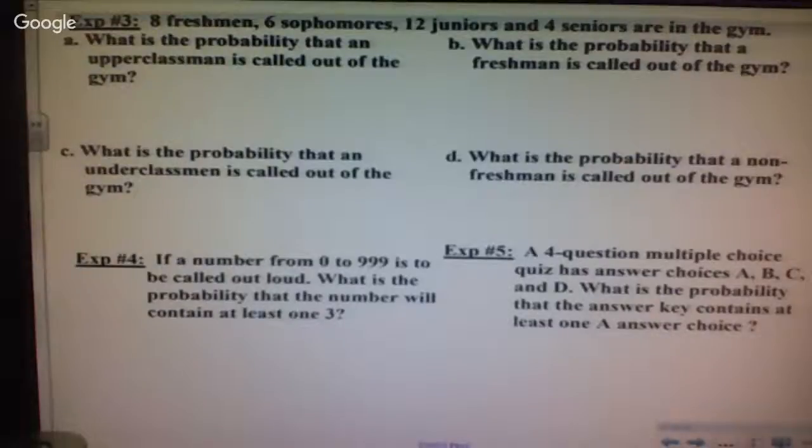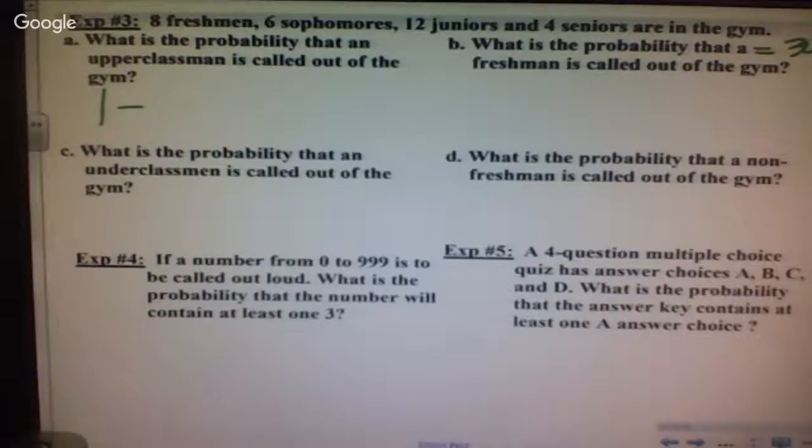Okay, example 3. Let's try these all in complements. Okay, so again, I still need a grand total. How many students do I have? What's my grand total here? 30. 30? Okay, I've got 30 kids. So if I'm doing complement, I want an upperclassman, so what do I need to take out?